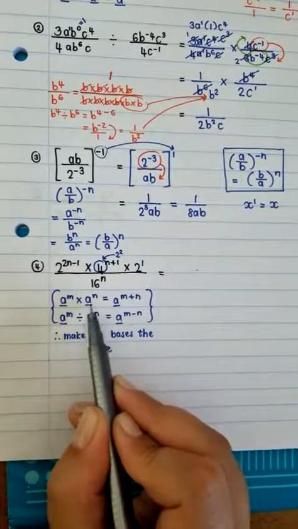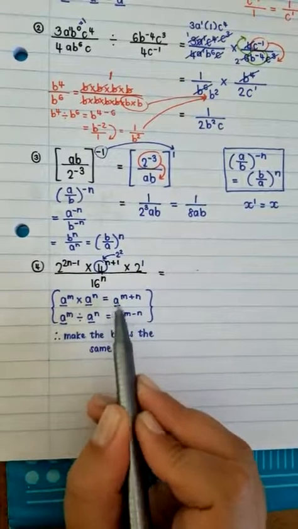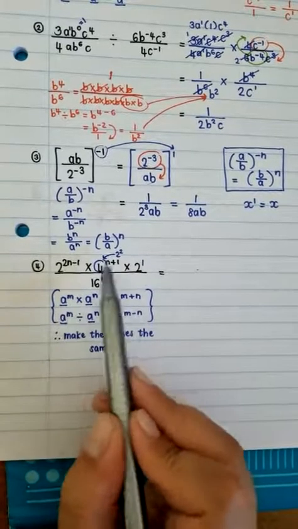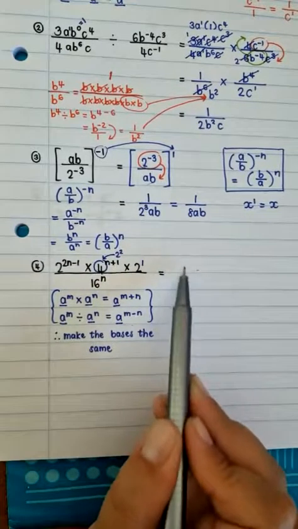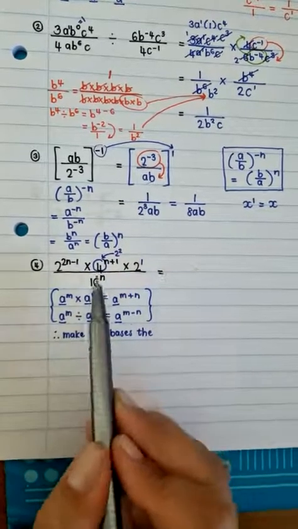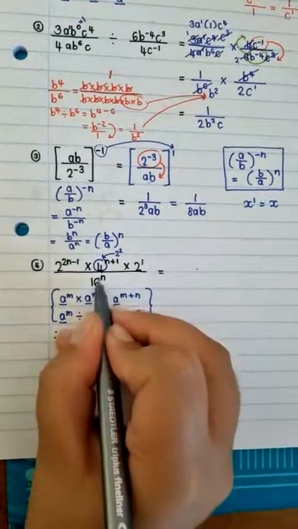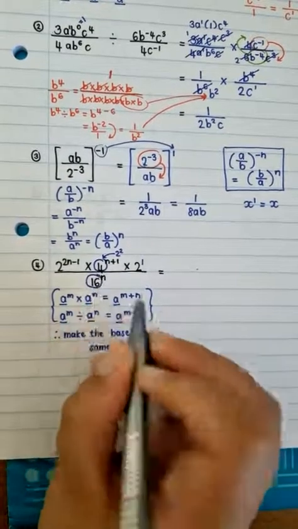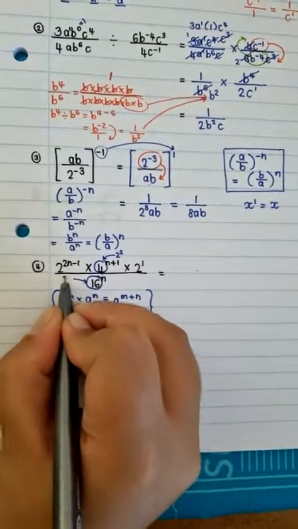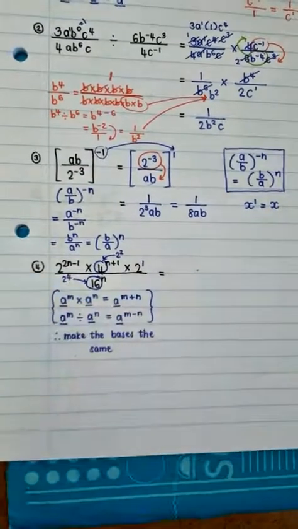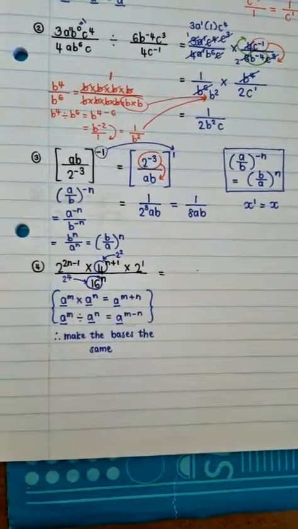Remember, when you're multiplying, your answer has the same base. So when I multiply a 2 and a 2 and a 2 and I add those exponents together, my answer is going to be 2 to the power of something. So at the bottom, I also need to write 16 as 2 to the power of something. And I hope that you guys know that 16 is the same as 2 to the power of 4.